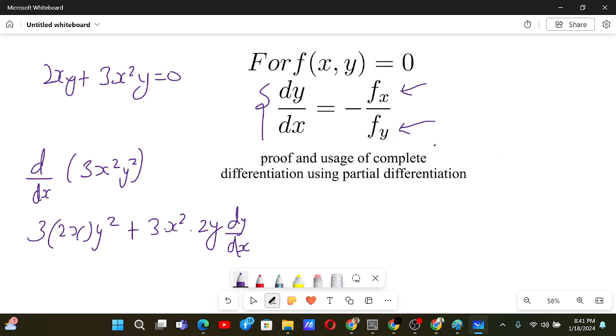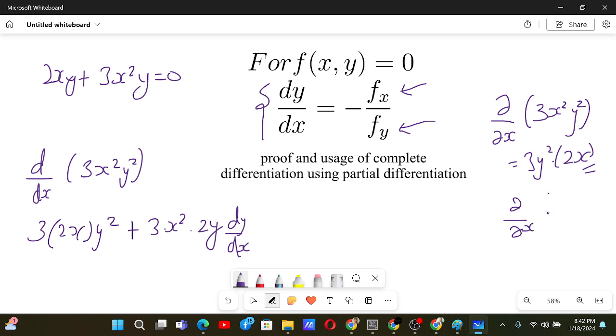But if it was partial differentiation with respect to x, then all the other variables except x will be constant, so y square will be constant. So 3y square will be as it is, and x will be differentiated, so 2x. This will be the answer. Similarly, if we have d dx of y square, this will just be 0 because this is a constant. But if we had complete differentiation of y square, this will be 2y times dy by dx.